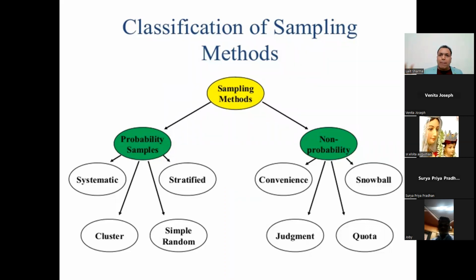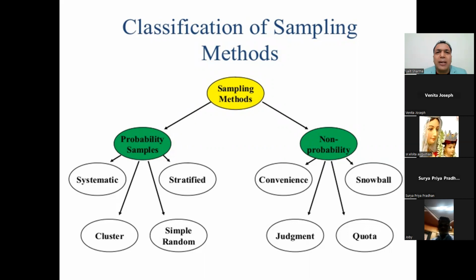So when you are doing sampling, you have to learn only the 4 types of probability sampling or 4 or 5 types of non-probability sampling, right? Systematic, cluster, stratified, simple; non-probability: convenience, snowball, judgment, and quota. This is an easy one. Even from the name, guys, you can guess it.